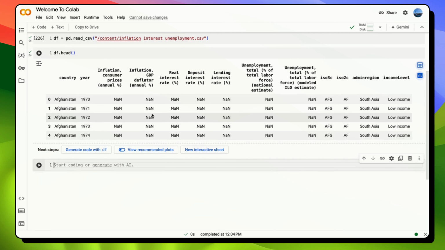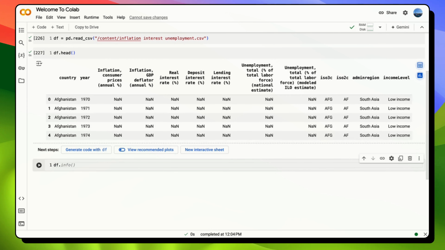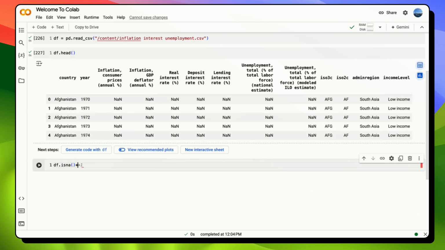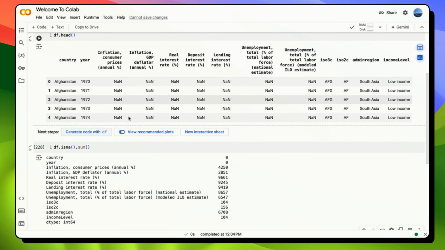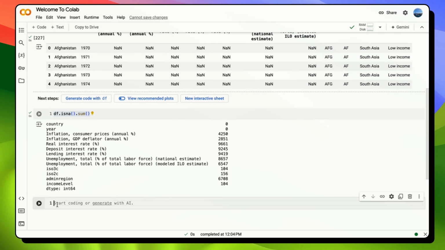Ooh, tons of nones. So let's go ahead and investigate some. There are tons of non-values.